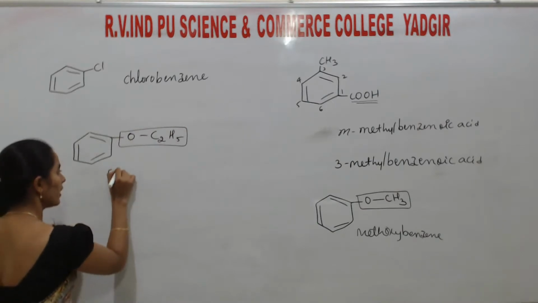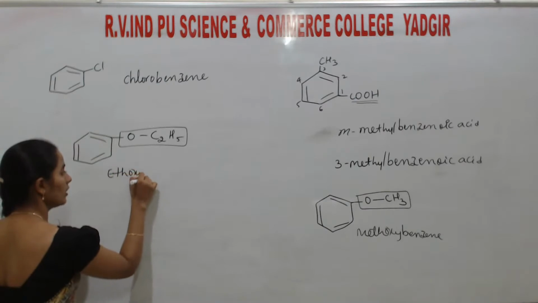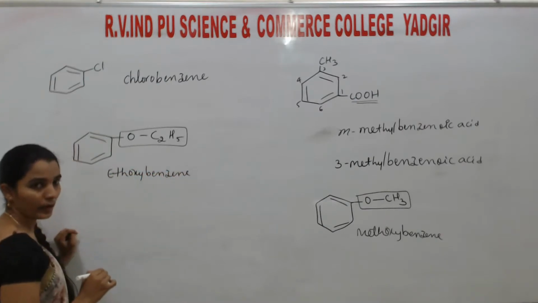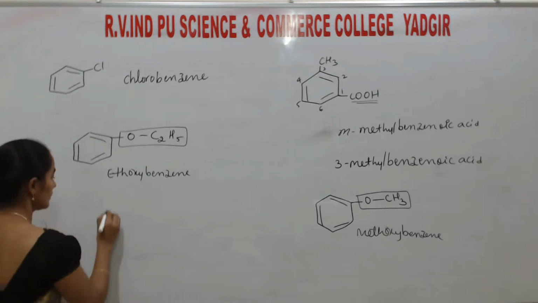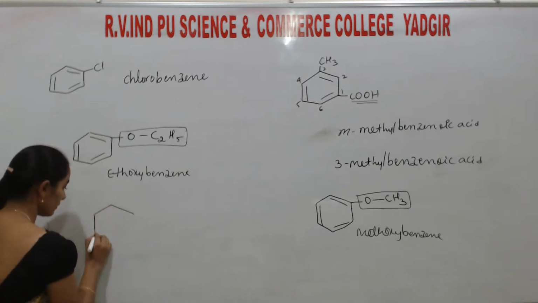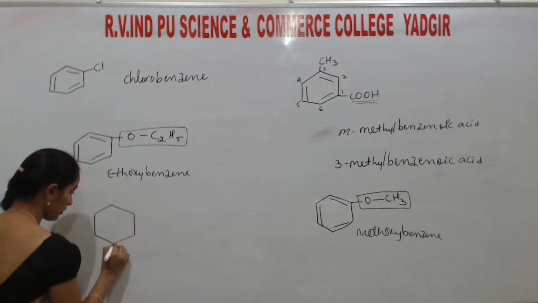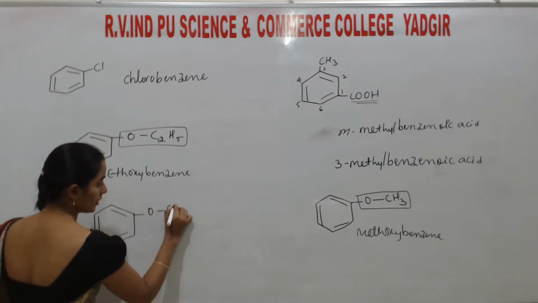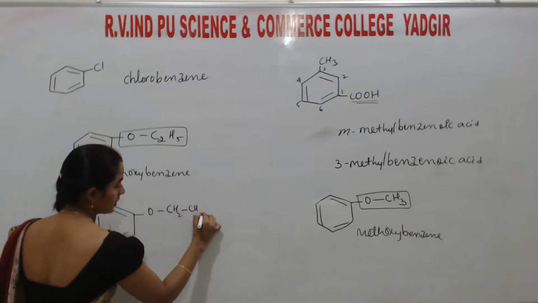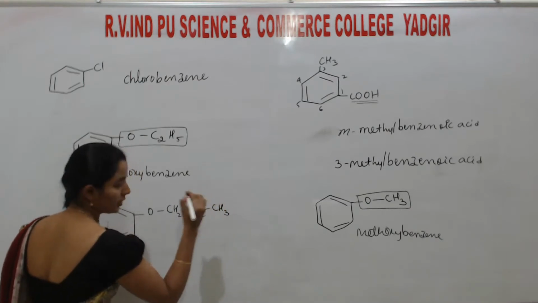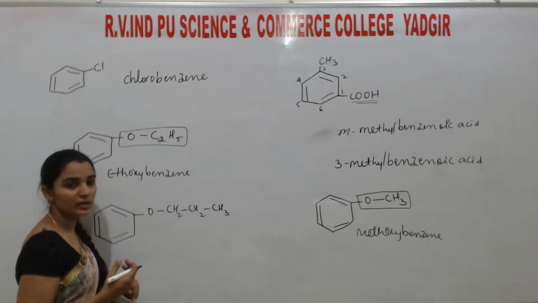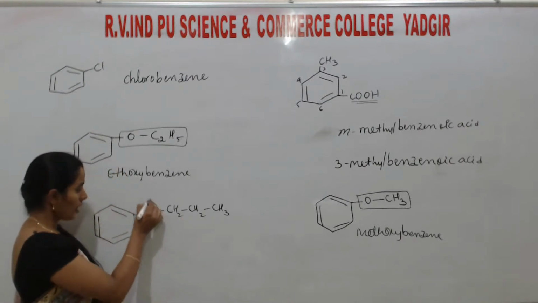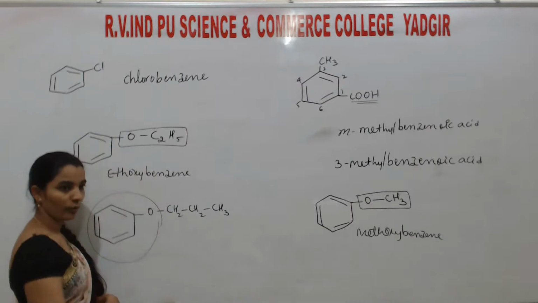Then it is ethoxy benzene. Correct? Next comes here. Here CH2, CH3 is there. Then which one is considered as the parent chain? This one is considered as the parent chain, and this becomes the functional group.